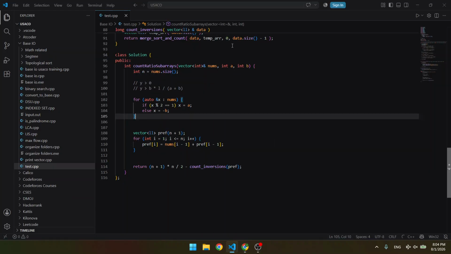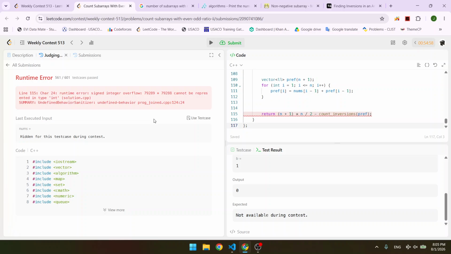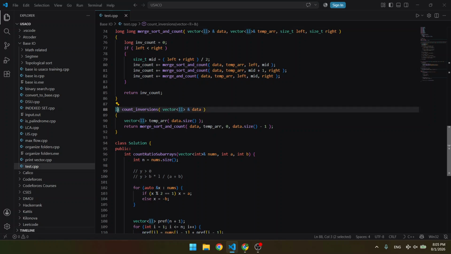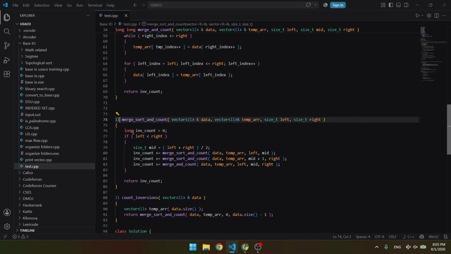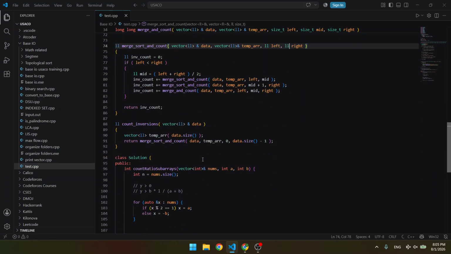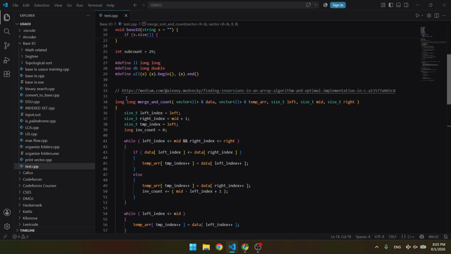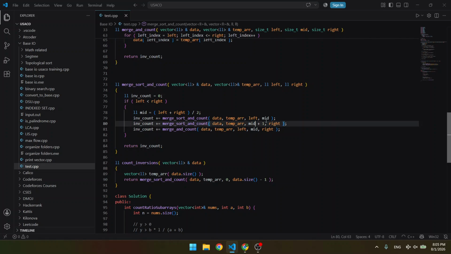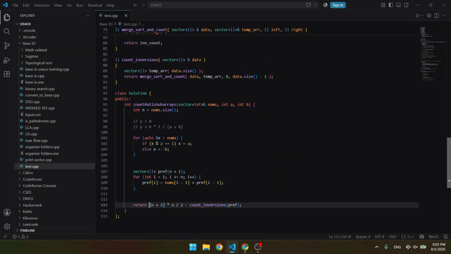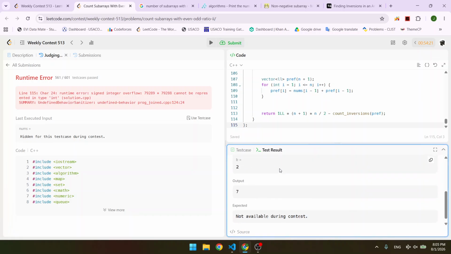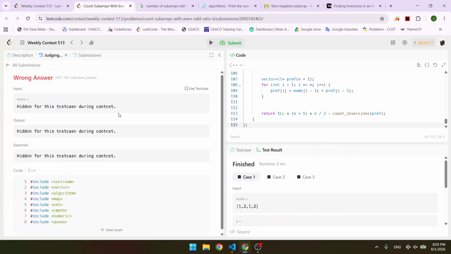If y equals 0, no. If y equals 0, x will always be negative, so it's okay. Oh, wrong answer.